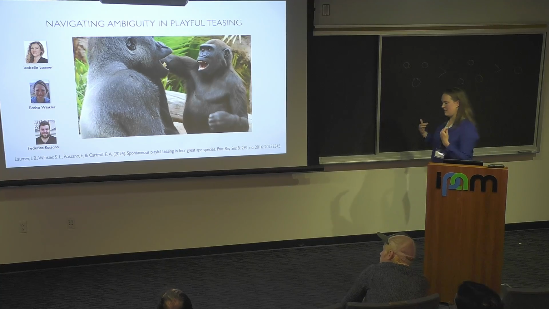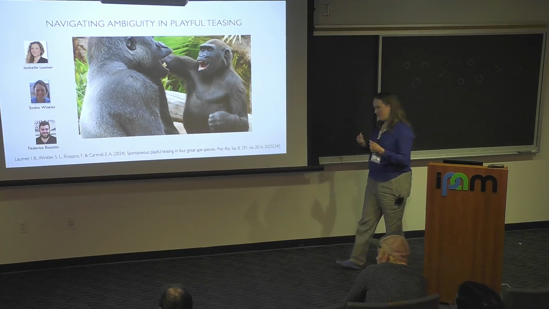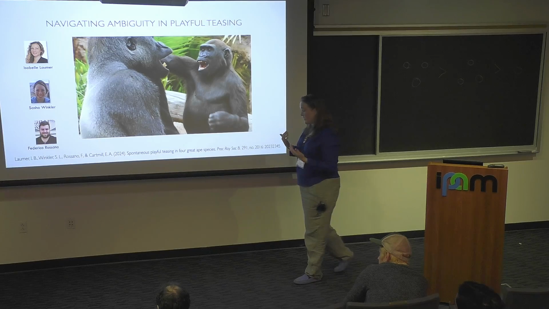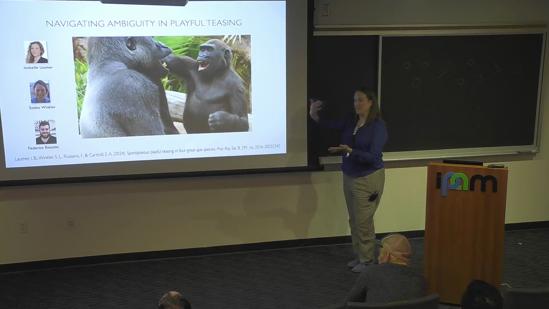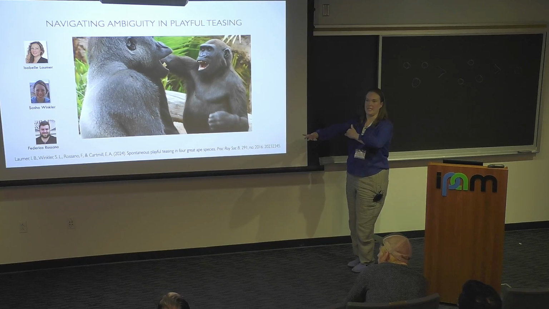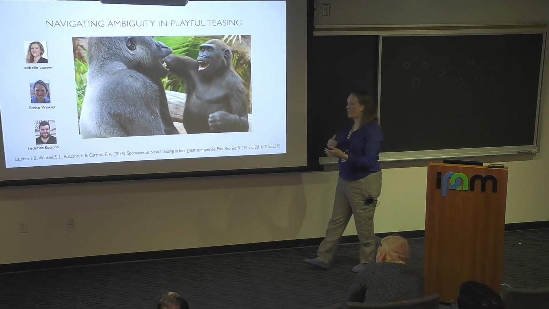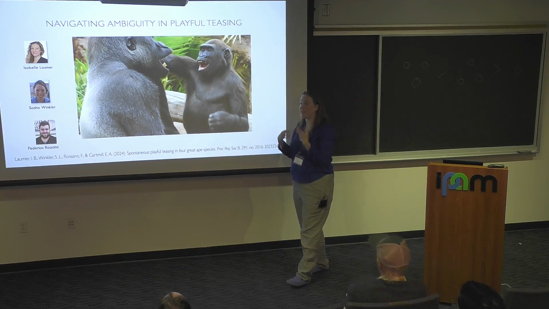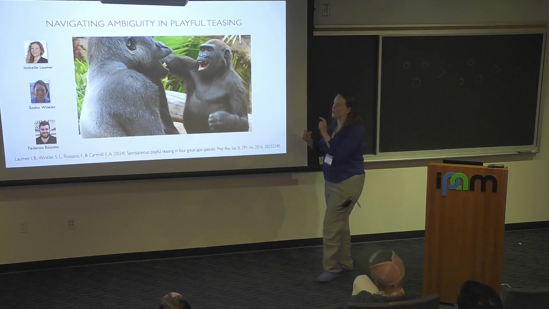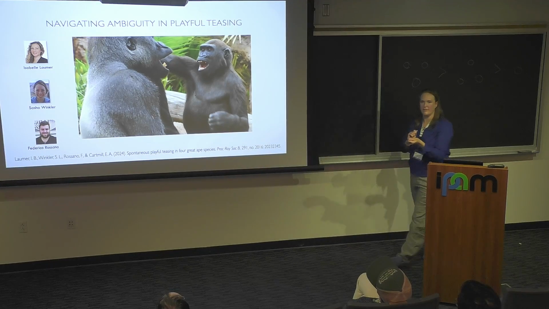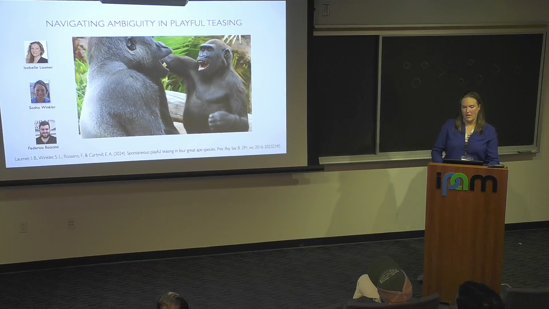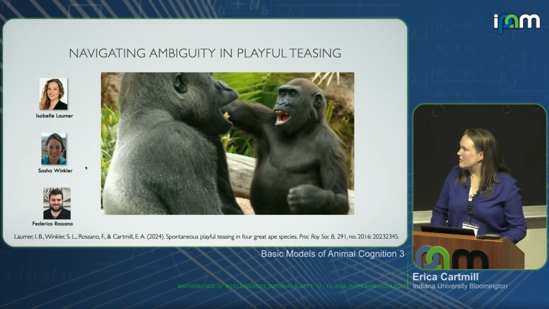I think about them as possibly a game, possibly a joke, because it involves a normative setup and then a violation of expectation. And I think that in order to playfully tease, you have to have an appreciation for that moment of expectation violation, which is a very human cognitive thing.